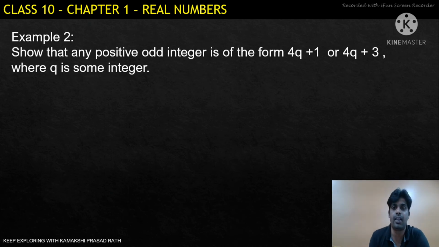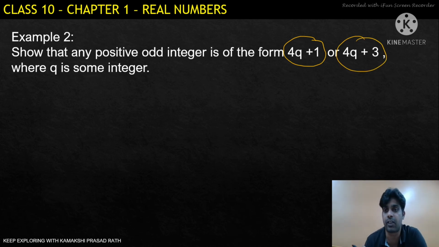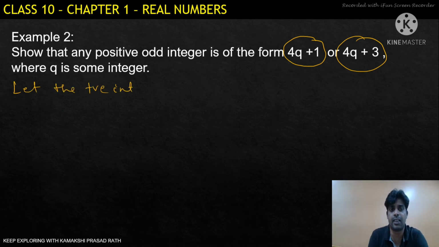So first and foremost, we'll see what the form is here. The form is 4q plus 1 or 4q plus 3. That means the number is being divided by 4. So let the positive integer be a, divided by 4, as per our form.